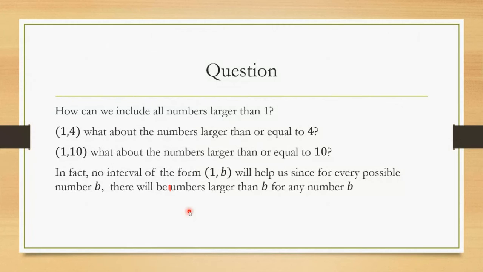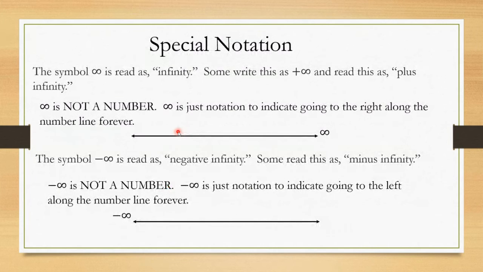But really what I'm saying here is, to get this kind of collection, we need special notation. And that's what this weird looking notation is. It's that notion of infinity. It looks like a figure 8, but it's on its side. And it's actually called infinity.